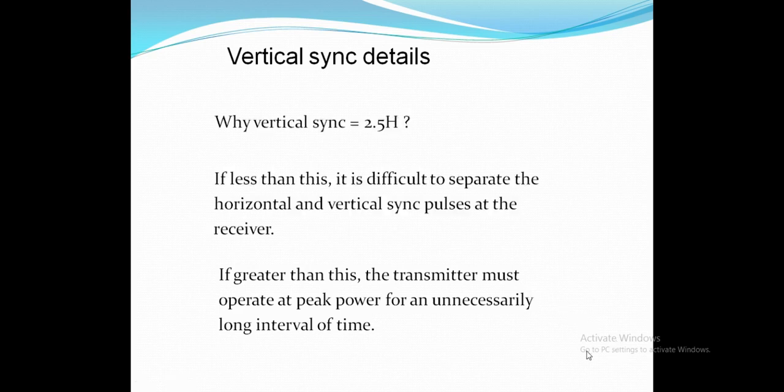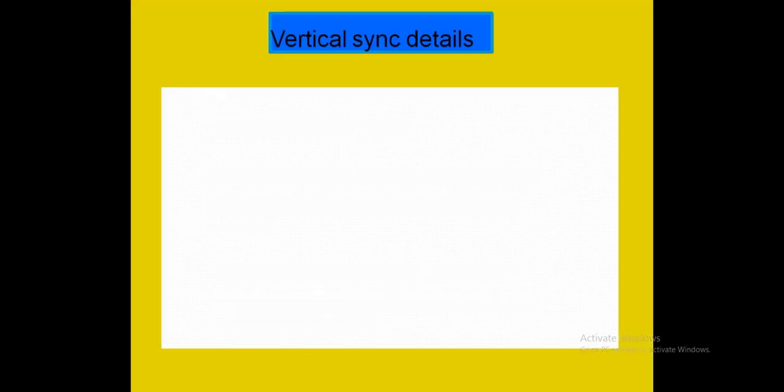Next, vertical synchronizing details. If less than this 2.5 H, it is difficult to separate both horizontal and vertical synchronizing pulses at the receiver. If greater than this, the transmitter must operate at peak power for an unnecessarily long interval of time.